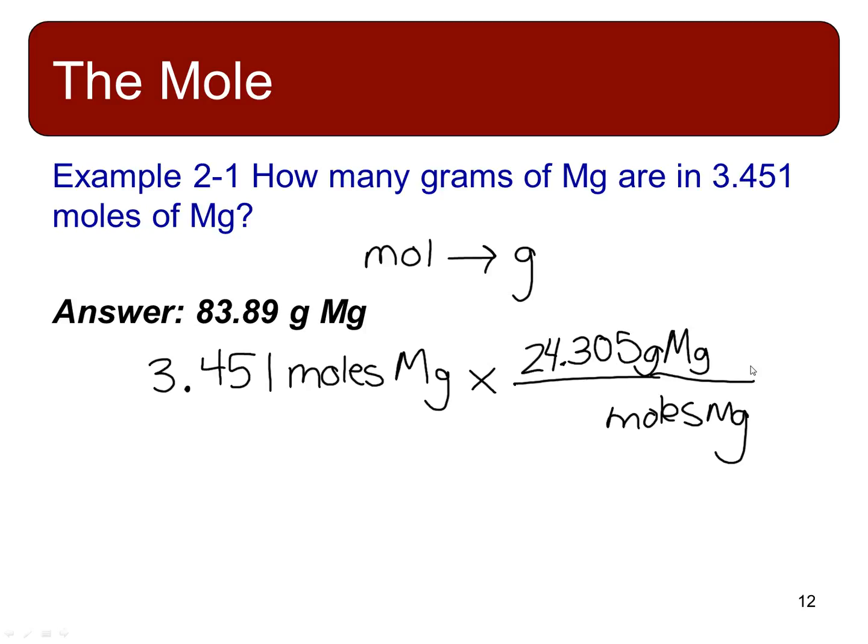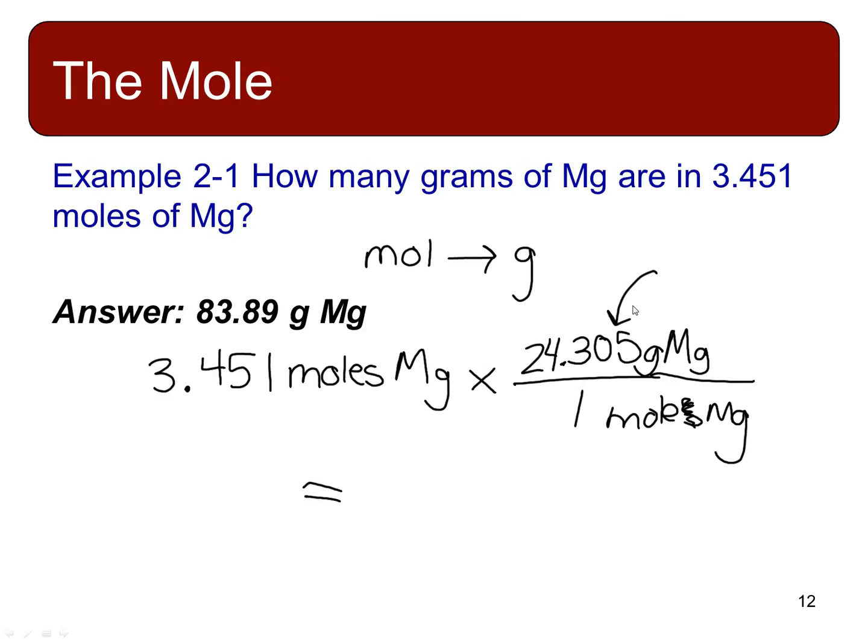Okay, so we're going to just have 1 mole of magnesium. So we multiply 3.451 times 24.305. And whatever number that you plug in here for your test or whatever, this will be exactly what's on the periodic table that I give you. Sometimes they'll just stop at 24.3 or whatnot.